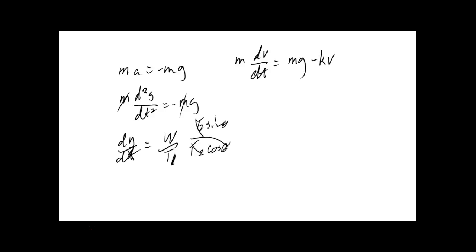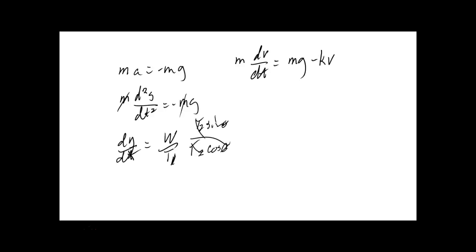Time out. You tell me, what do we mean by first order? What does order mean? Yeah, derivatives. First derivatives only. Second order, we may have second derivatives and first derivatives in it. So a first order differential equation only has first derivatives in it.